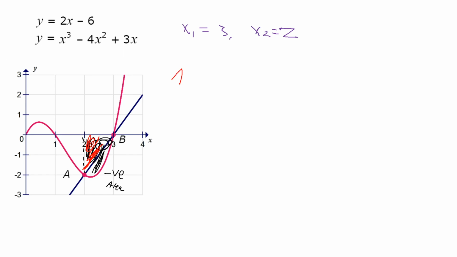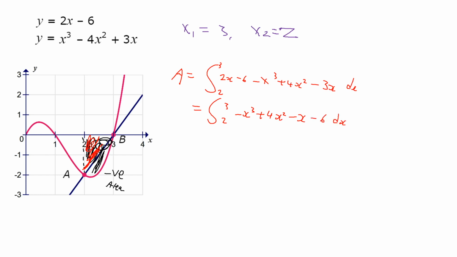So A is just going to equal the integral of 2x minus 6, again between 3 and 2, minus x cubed plus 4x squared minus 3x dx. And then when we summarize that, that becomes minus x cubed plus 4x squared minus x minus 6 dx.